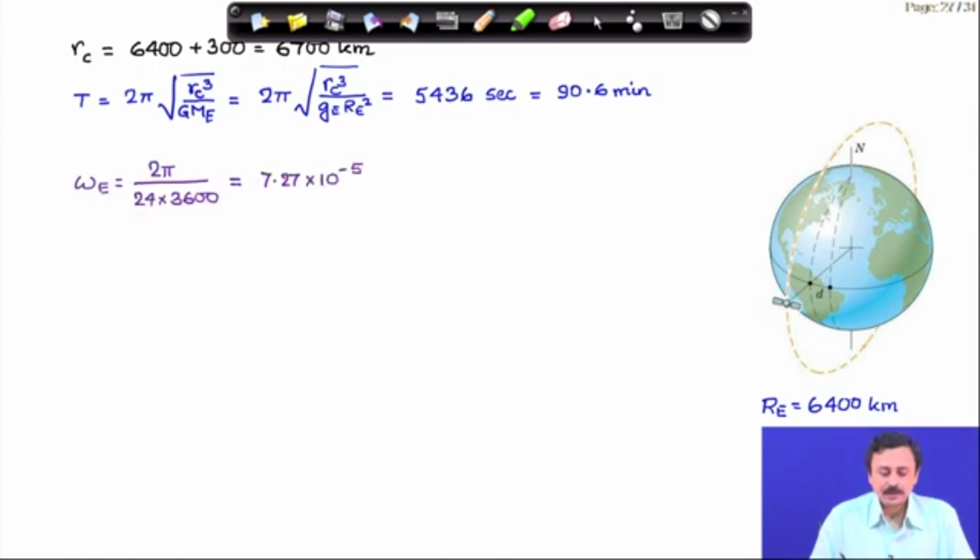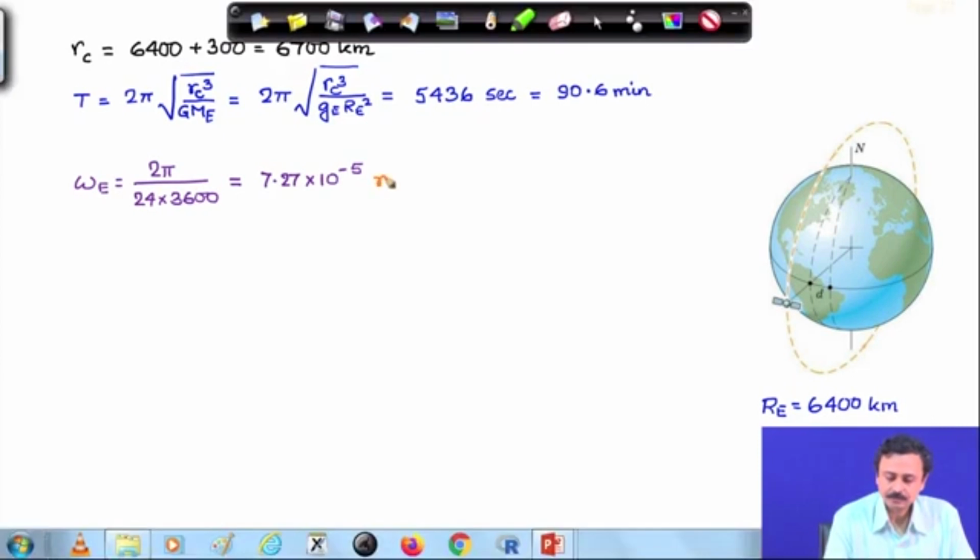Omega of the Earth, we have calculated this previously also: 2 pi radians, it rotates in 24 hours times 3600, that many seconds. So, this is in radians per second. That is the omega of the Earth.